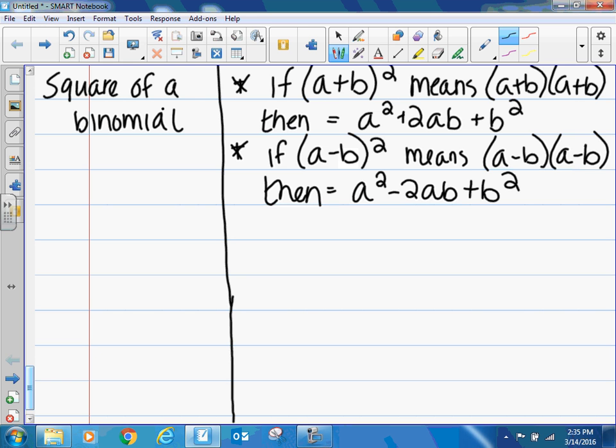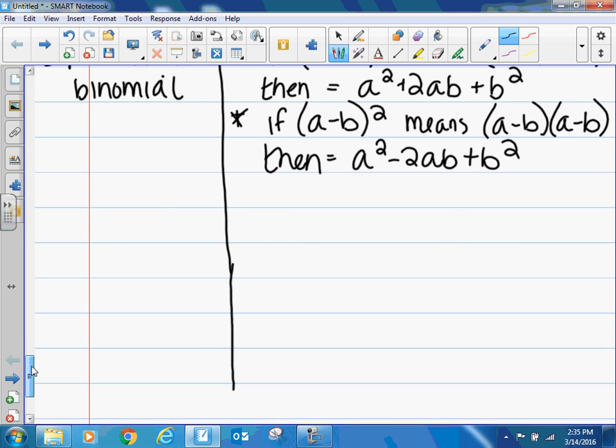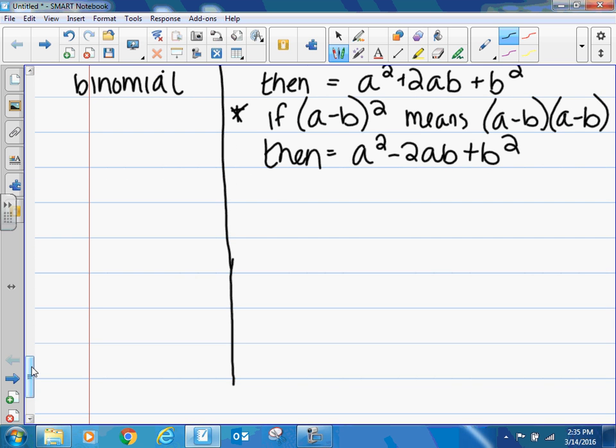Okay, so let's look at examples of this. First one, I have m plus n squared. Okay, so we have a couple steps. First thing you're going to do is square the first term.